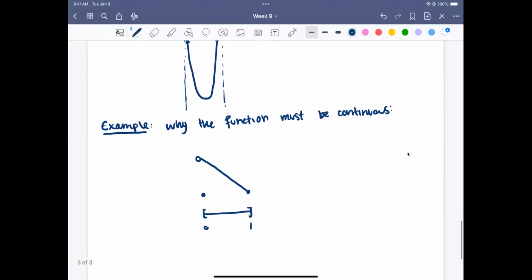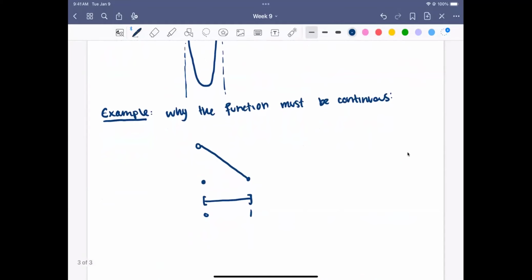Okay, so how do we actually find extreme values?